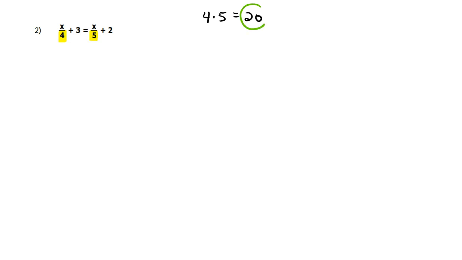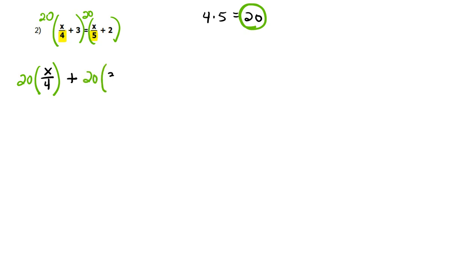So I am going to take the number 20 and multiply both sides of this equation by 20. Now I'm going to write out every step of this. I am going to take 20 times the x over 4 plus 20 times the 3.